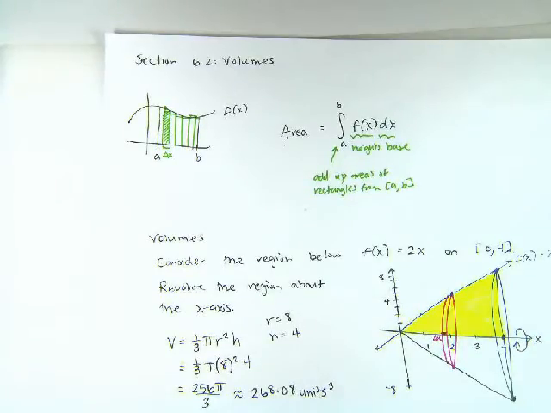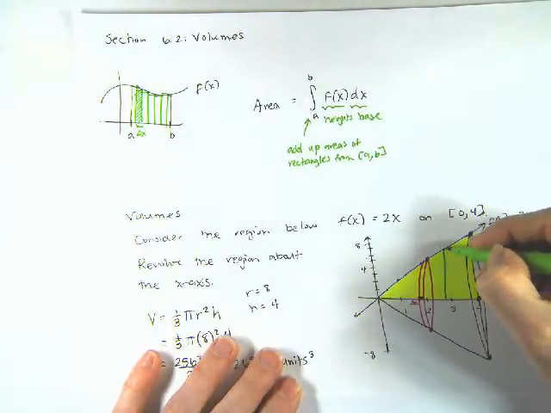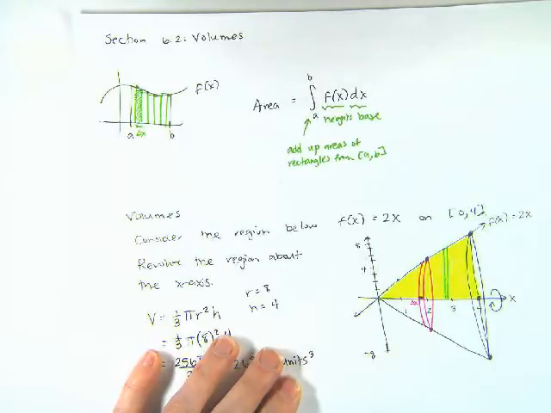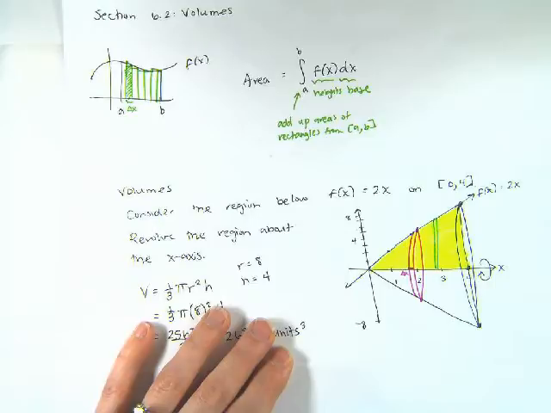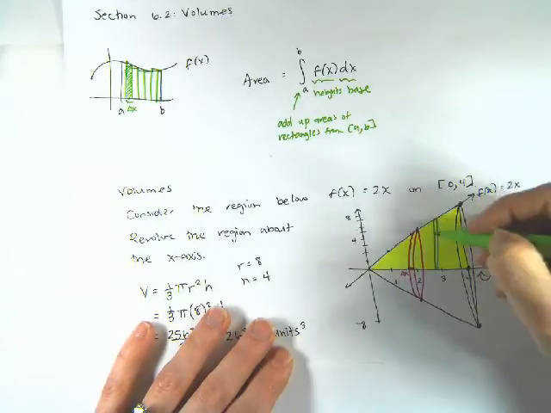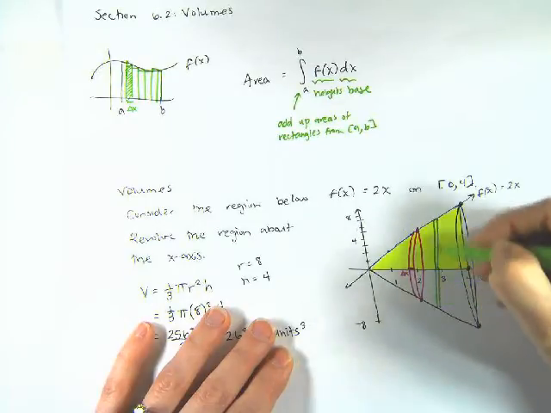Here's another way you can visualize these cross sections. Imagine taking a representative rectangle and then revolving that rectangle. You see how that would create this circular disc? So if I revolved that, this would come down here.